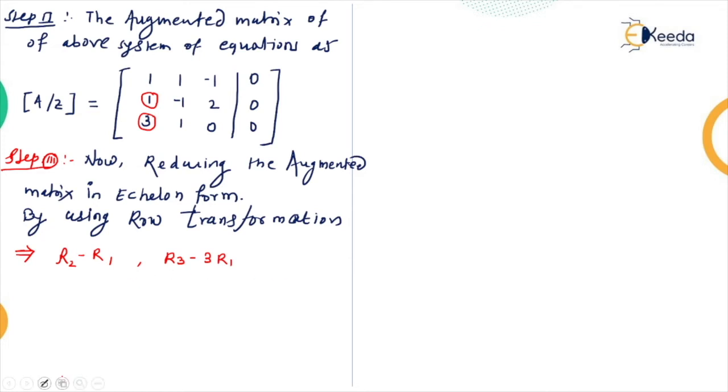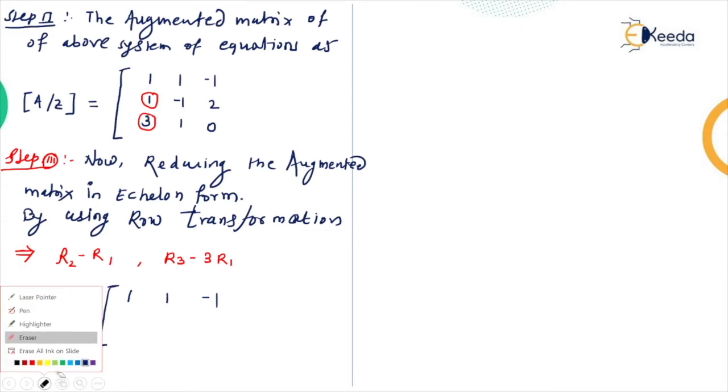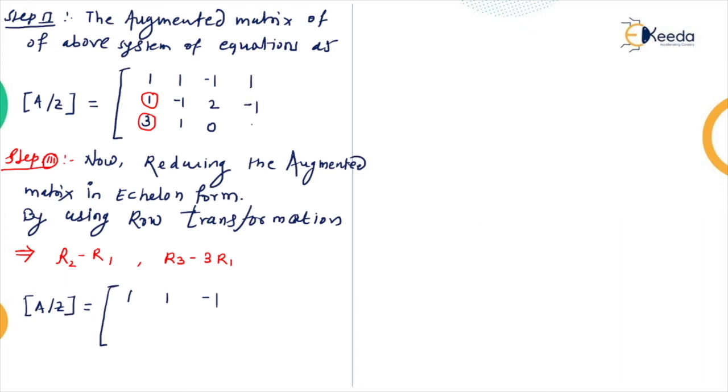We take this simple row transformation, and the augmented matrix becomes: nothing changes in the first row, 1 1 minus 1 and 0. The row which remains is 1 minus 1 1, with all the elements of matrix B being 0. Nothing changes in the first row, but the second row changes: R2 minus R1 gives 1 minus 1 = 0, then minus 1 minus 1 gives minus 2.